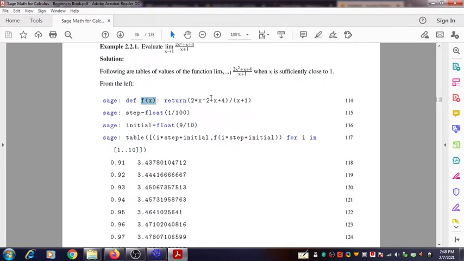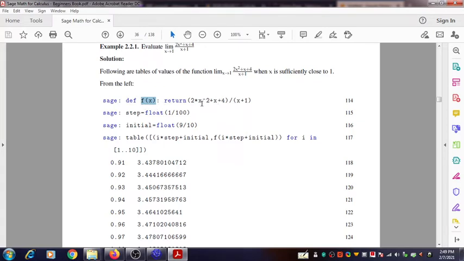That means that the function f of x is equal to this expression, and it will return the value of this expression after calculating it, when an argument is given.